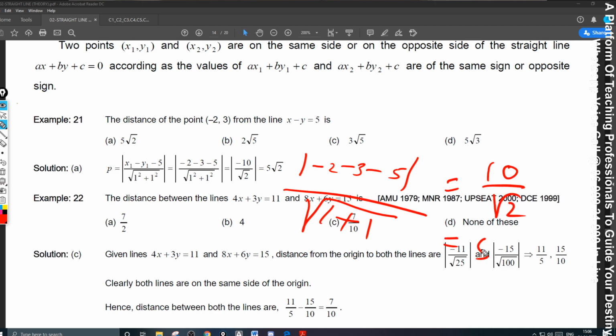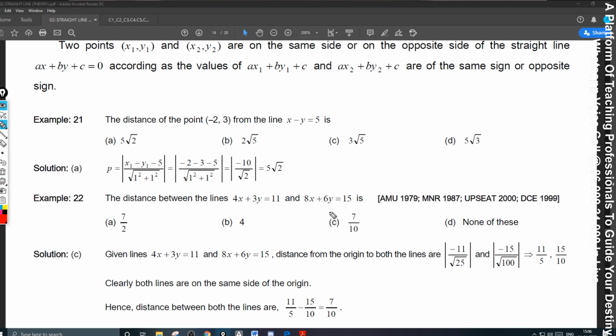It's nothing but 5 root 2. Straight question, please. Okay, next question. 5 root 2 is the answer.